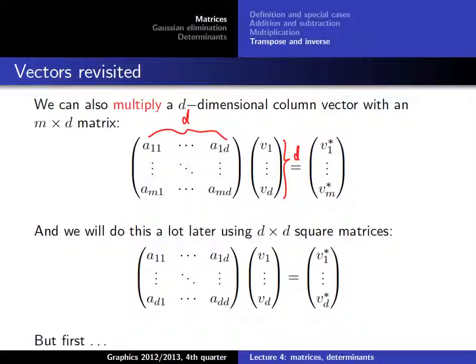And the result is then this new vector here. But if the number of rows here is different from the number of rows here, then the result has a different number of rows. But if we use a square matrix, that is, if they have the same number of rows and the same number of columns, then the result is again a vector with the same dimension as here.